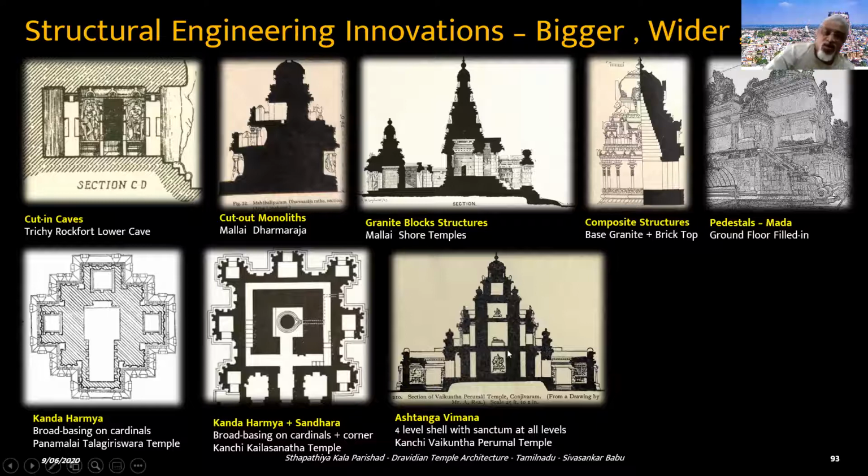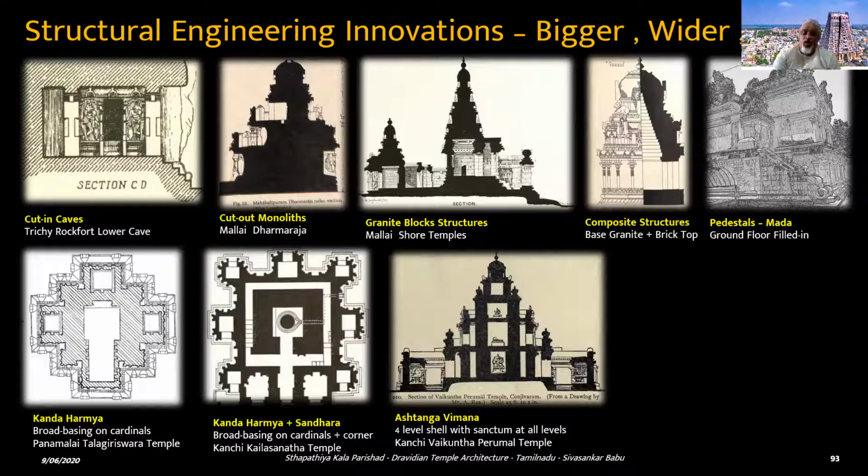One, it reduces the weight of granite, and then we utilize the entire space as multiple sanctums. This is an attempt, and then it led to a series of temples in the Ashtanga style. Again, this is complex engineering, and we can't take skyscraper kind of structures out of this.